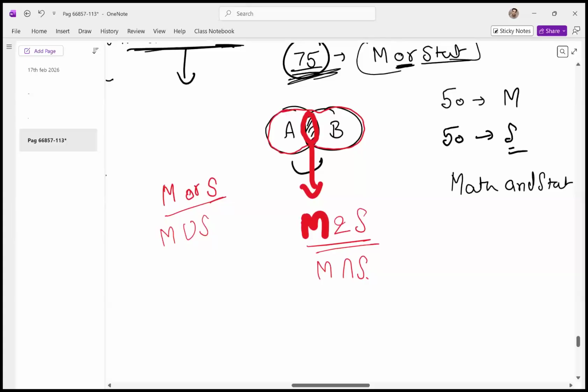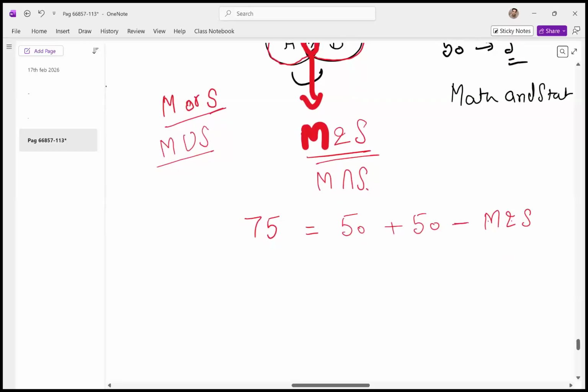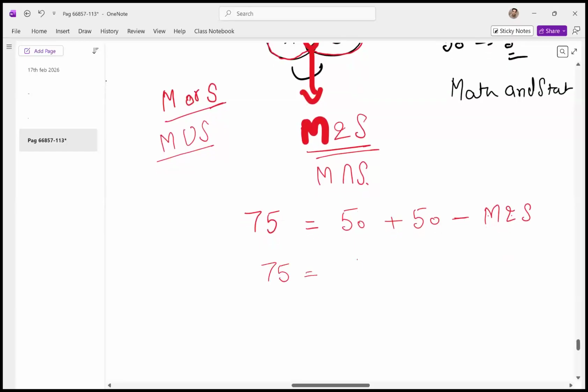Now, the total number of students who are studying math or stat is 75, and 50 of them are studying stat, 50 of them are studying math, and minus how many of them are studying math and stat, and that we can easily figure out now. So 75 equals 100 minus math and stat.